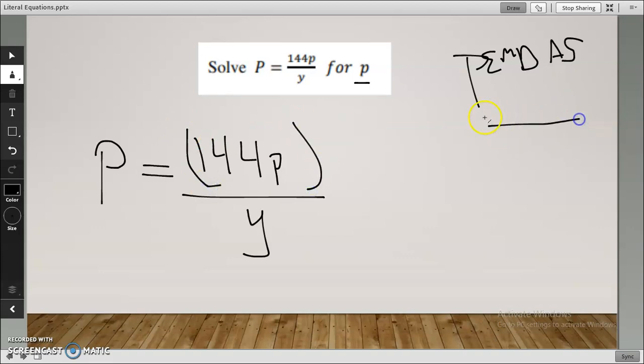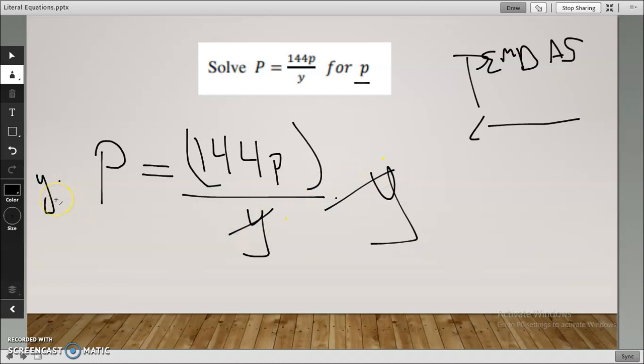So parentheses is all the way at the very end of my order of operations. I don't have any addition or subtraction, but I do have multiplication and division. So I am dividing by this y, and the opposite of dividing by y would be to multiply by y. Whatever I do to one side, I do to the other. So my y's cross out.